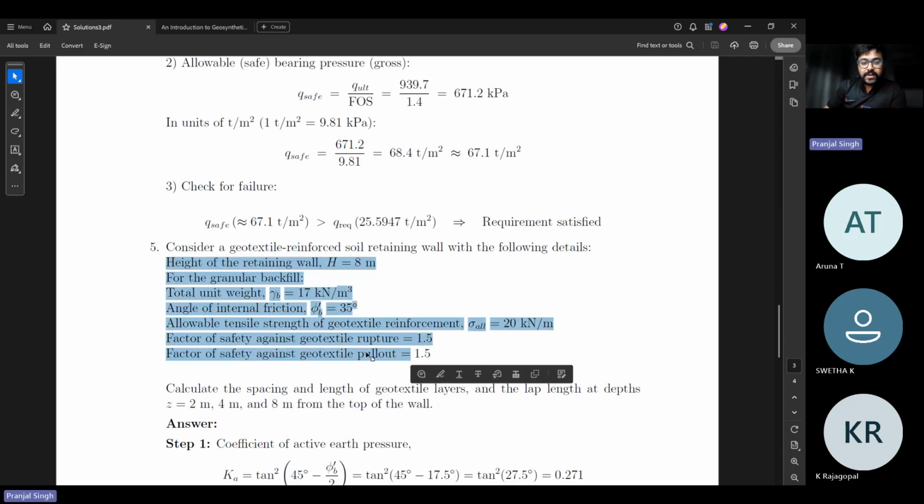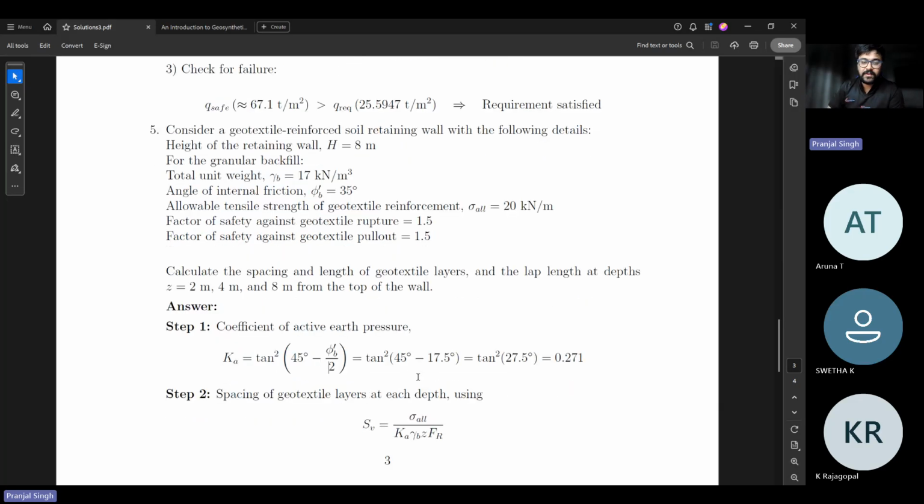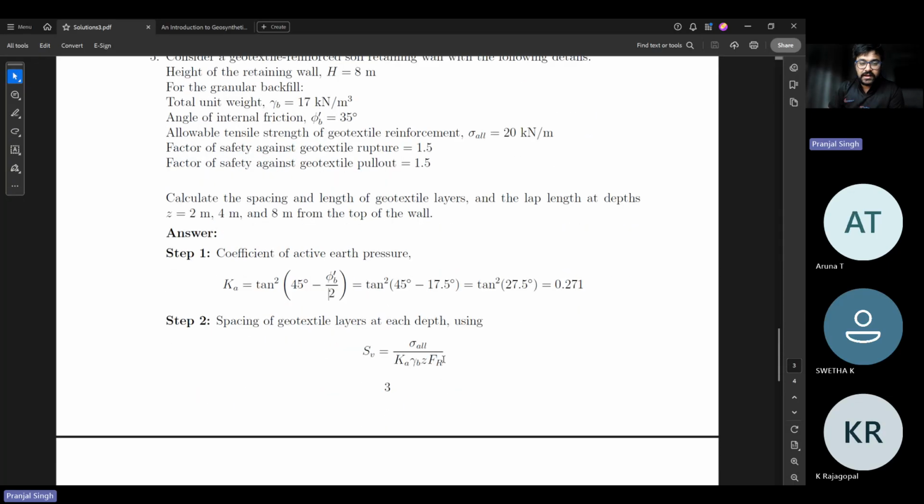The parameters were mentioned. You have to calculate the active earth coefficient to calculate the horizontal force, so how much tension is required for the reinforcement. You can use this or (1 minus sin phi) divided by (1 plus sin phi). And then you calculate the value of spacing. This has been discussed in the lecture.